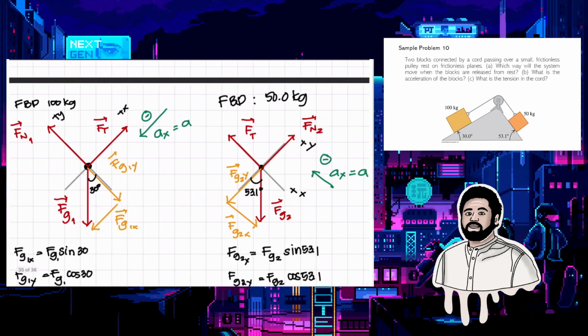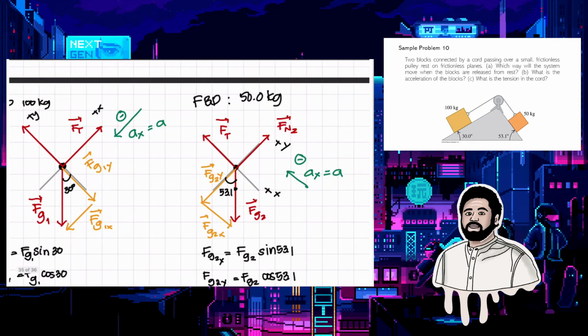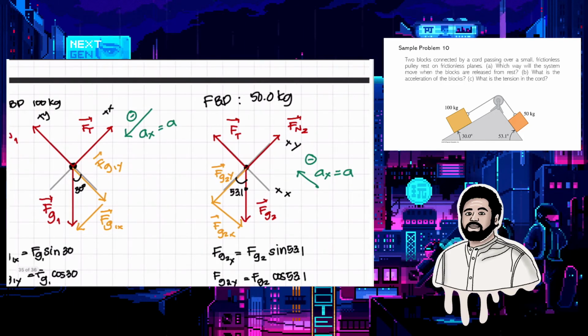Since I denoted my acceleration for the 100 kilogram block as sliding downward, and they are connected by the same wire, the 100 kilograms will pull the 50 kilograms. So the acceleration for my 50 kilograms is pointing up the ramp. Okay? But take note also that my x and y axes are not the same for both of the blocks.